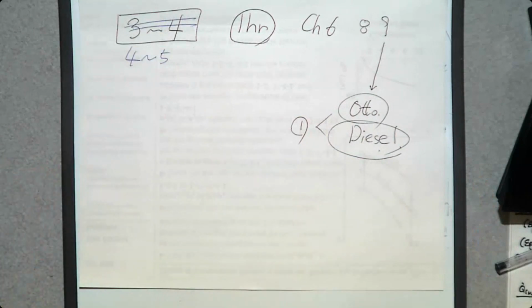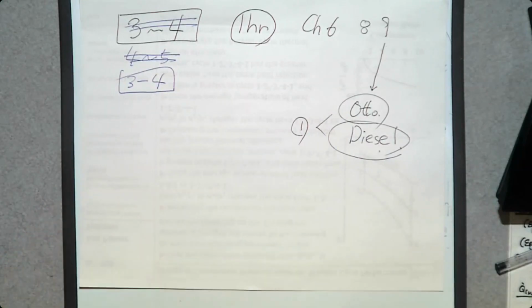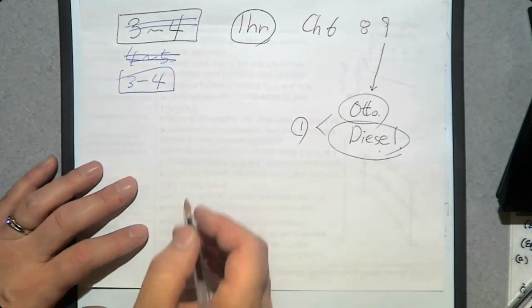Okay, going back to 3 to 4. Or you can do just a 15-minute exam, 1 problem. That's too risky. It's like flipping a coin, right? So 3 to 4, okay?